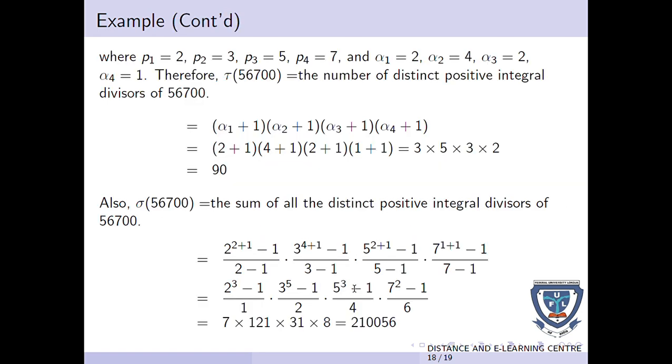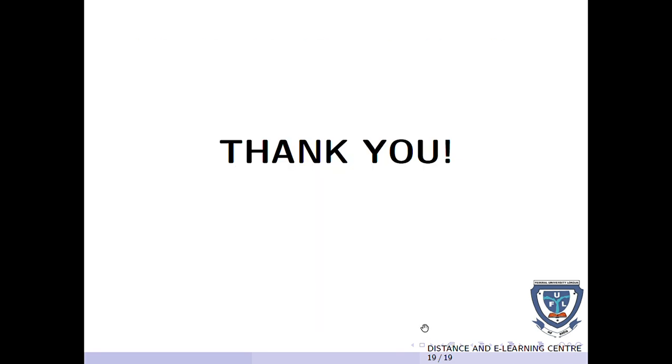Now, since you know that, you can recall the arithmetic function tau n, where n is 56,700. When you substitute properly into the expression, you're going to have 90 for tau n. For sigma n, where n is also 56,700, when you substitute properly, you're going to have 210,056. So we've been able to compute tau n and sigma n. Thank you very much.